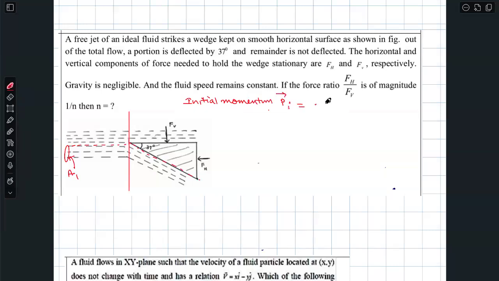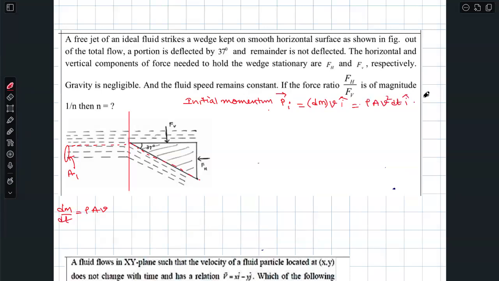This can be written as dm times the initial velocity V, that is dm V i cap. By the way, what is the dm by dt? Rho A V. Therefore, this can be written as rho A V square dt i cap.